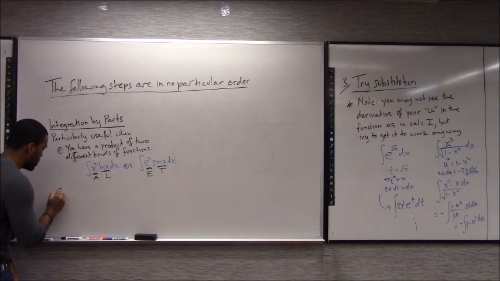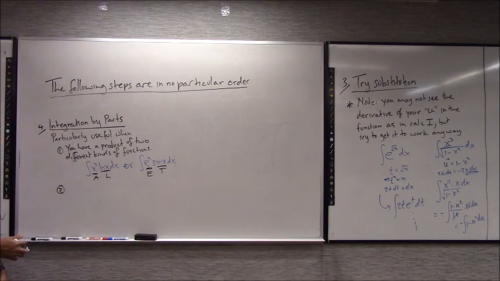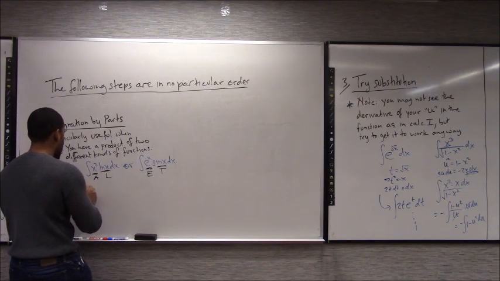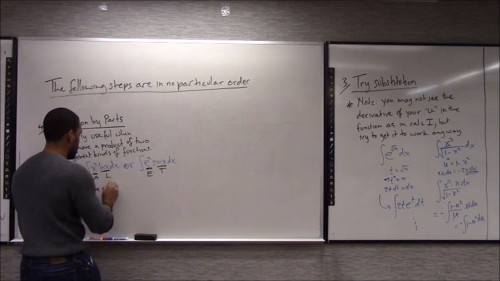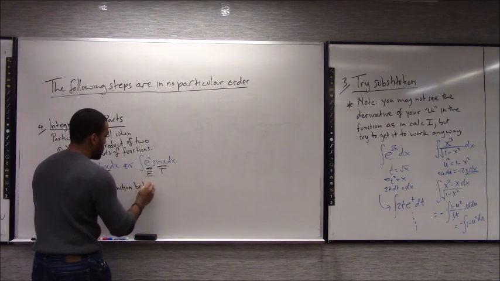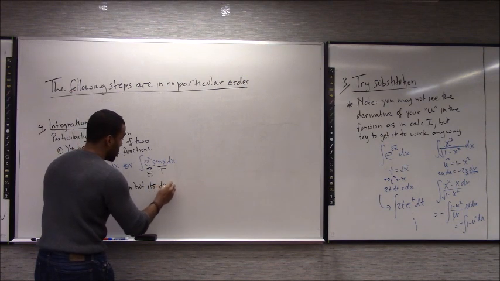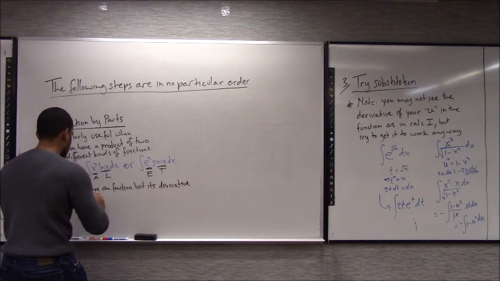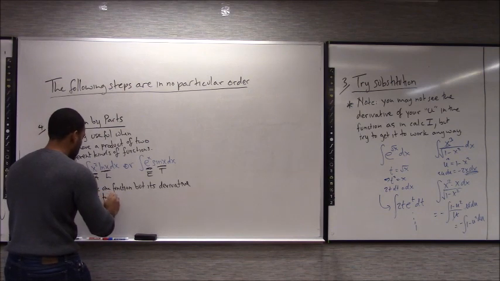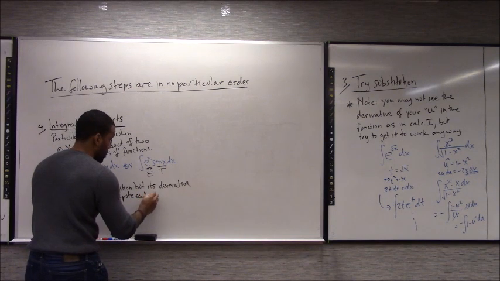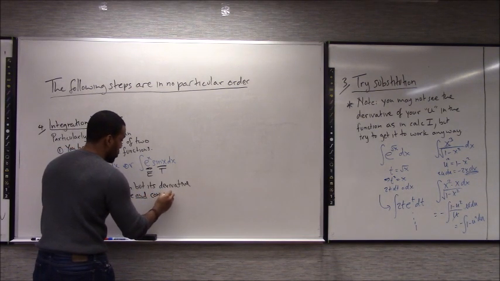Another situation where integration by parts would be a good idea to actually try out is if you have one function, but its derivative is easy to compute, and at the same time it would be convenient in an integral.